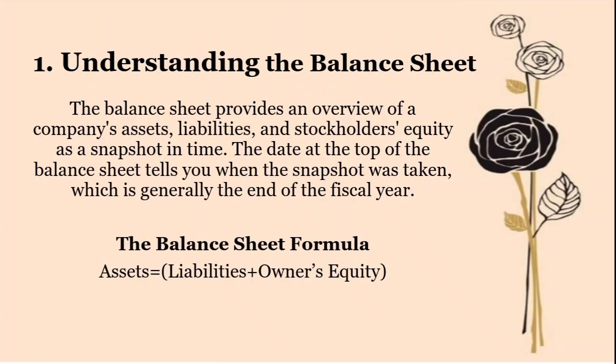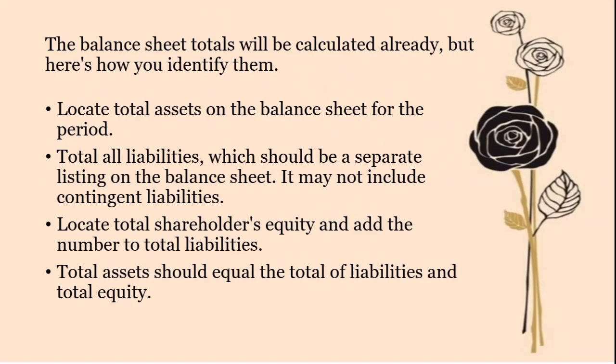So the balance sheet formula is: assets are equal to liabilities plus owner's equity. The balance sheet totals will be calculated already, but here's how you identify them. First, locate total assets on the balance sheet for the period.